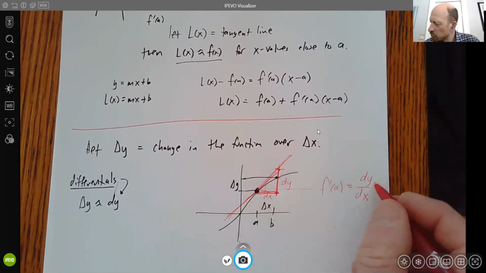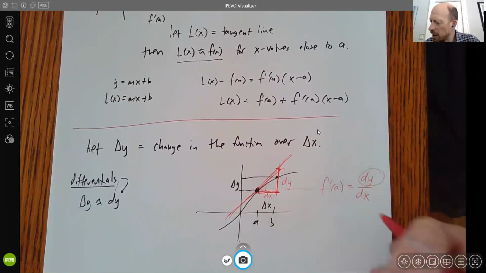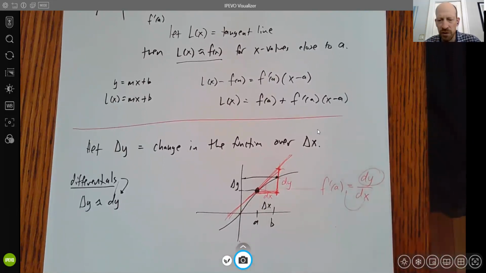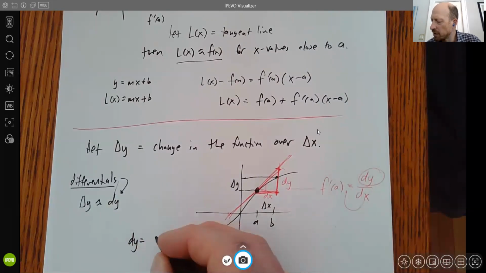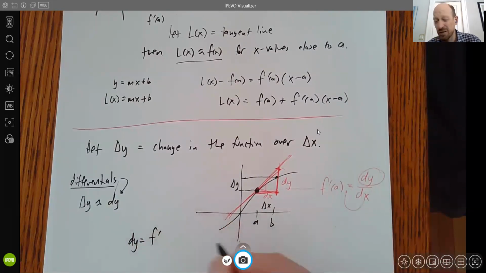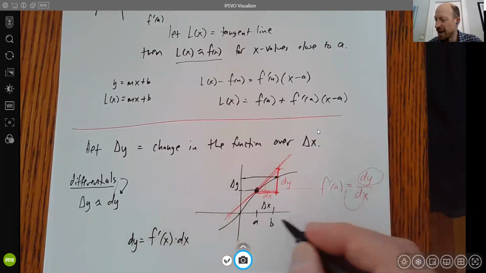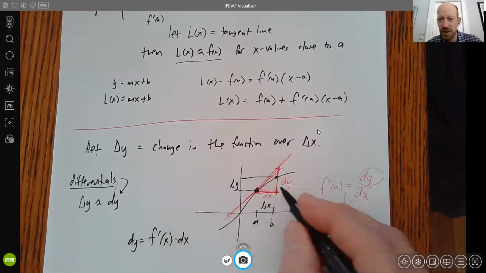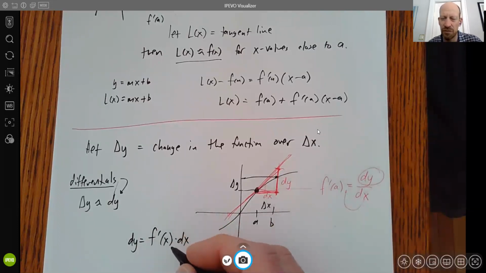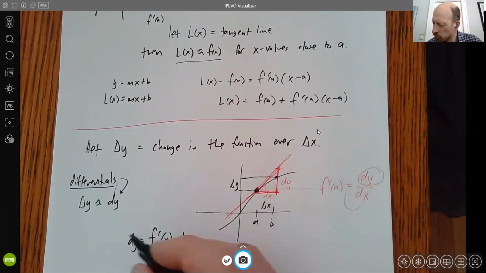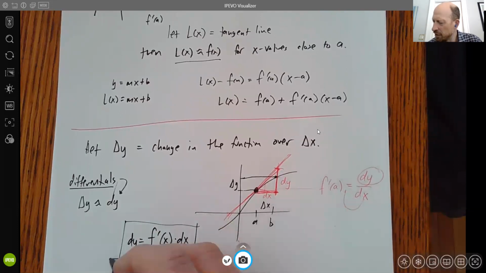And so what we can do here is if we want to find out what dy is, we just multiply both sides by dx, and we get a definition here for the differential. Dy is equal to f prime times dx. Now, just to keep our notation consistent, rather than fixing that at this a, which is specific to this example, we use a generic x. So this is the definition of the differential, dy.